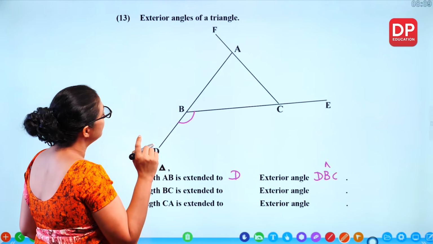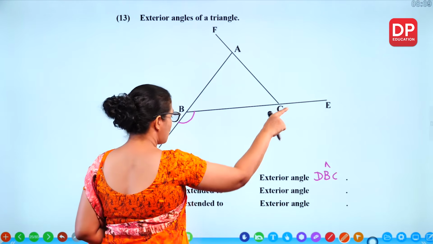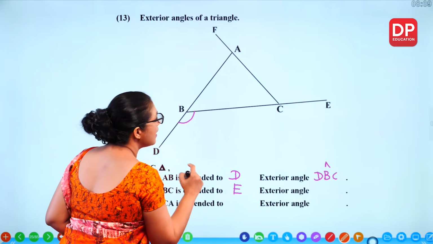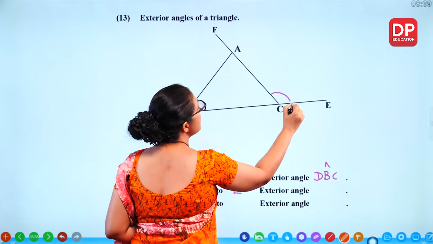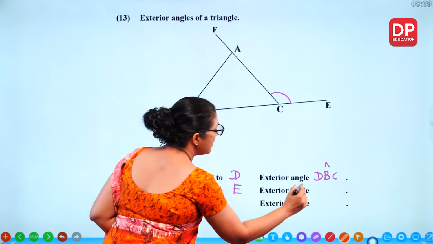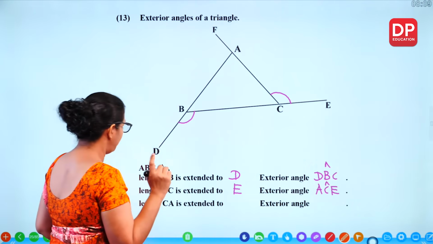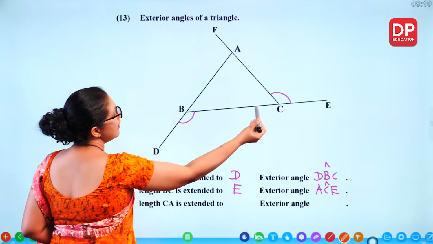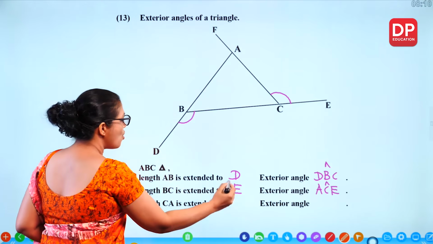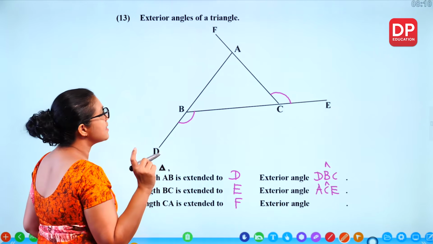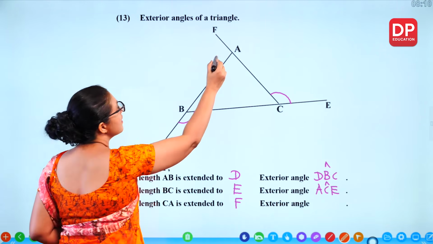Length BC extended to E. What's the exterior angle you are getting? ACE. Length CA, this length extended to F. So what's the exterior angle you are getting?